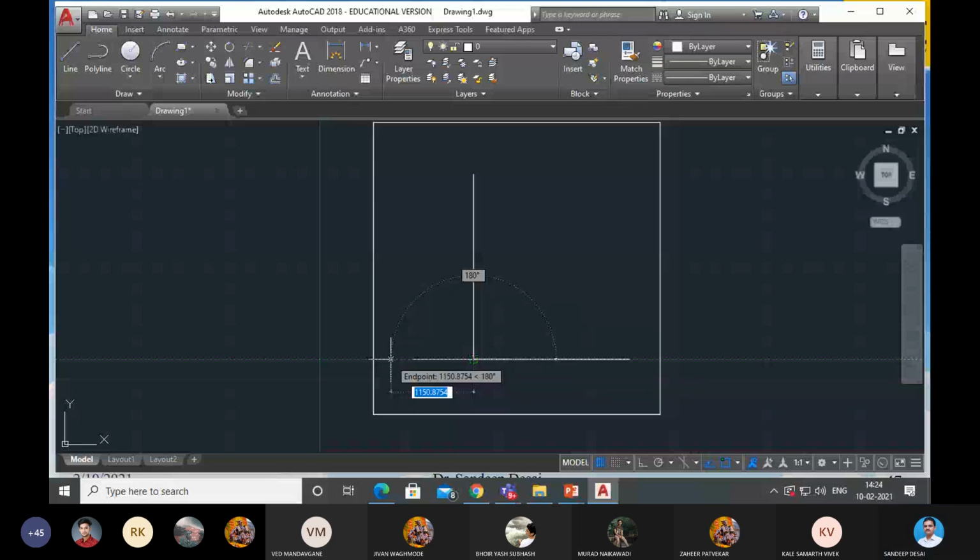So I have drawn a line of 508 mm, and then let us rotate it.